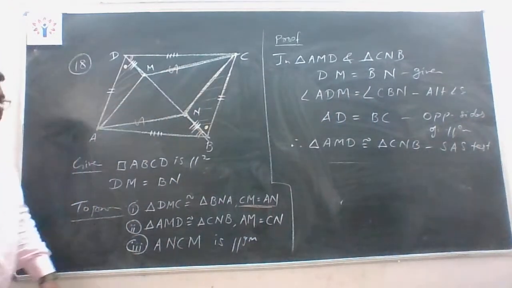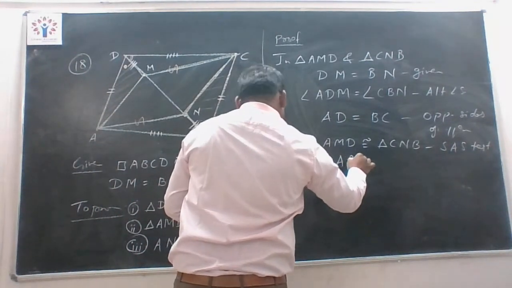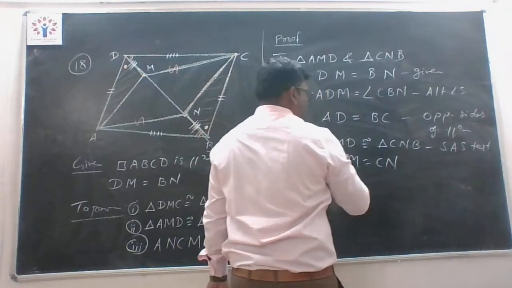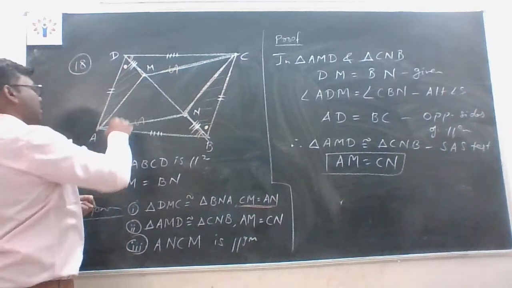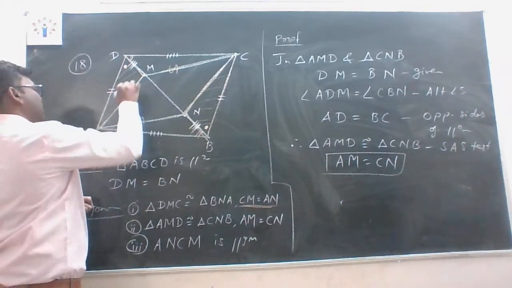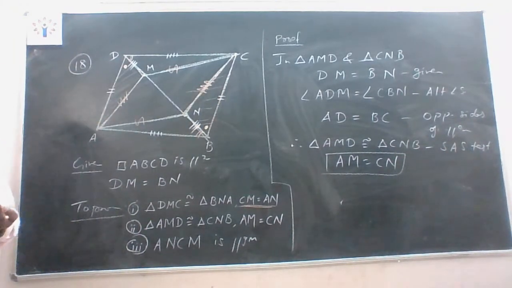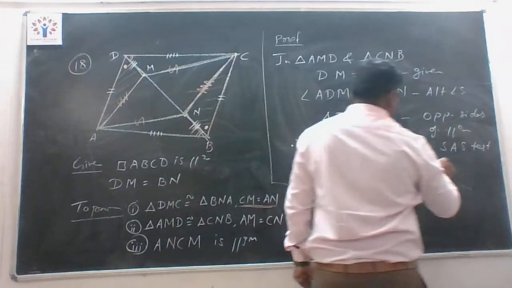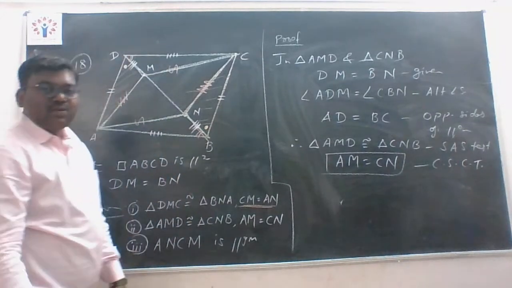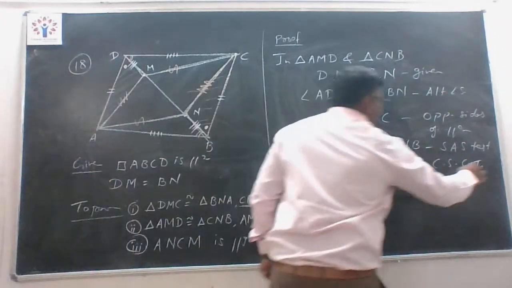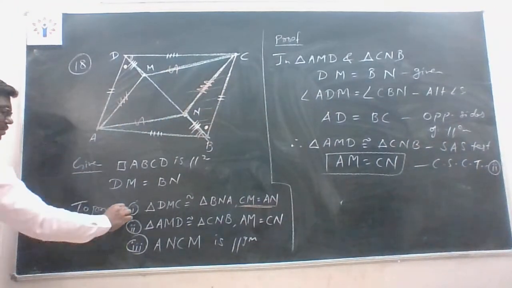And since the triangles are congruent, AM is equal to CN. This is our AM, this is CN. These two are equal sides by CPCT, corresponding sides of congruent triangles. Let it be 2. Now the second part is proved.